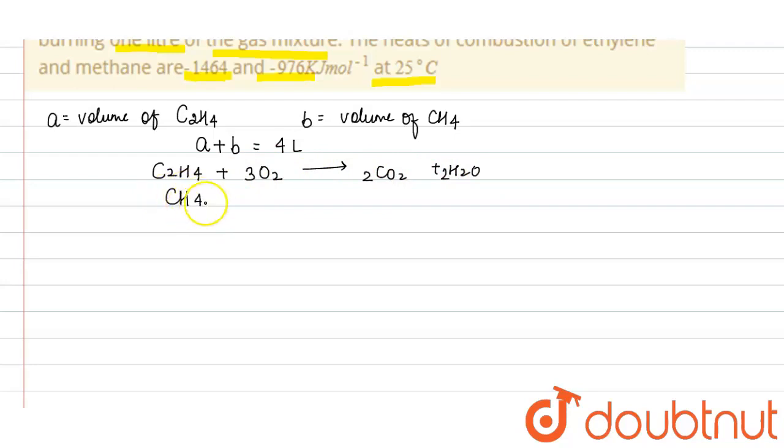And when methane burns using the O2, it will also form carbon dioxide and water, but here one molecule of carbon dioxide is forming and two molecules of water are forming, okay.